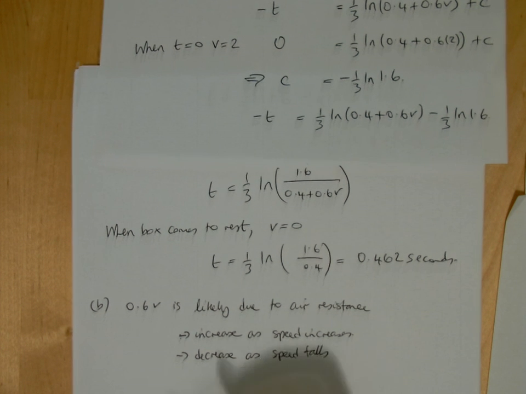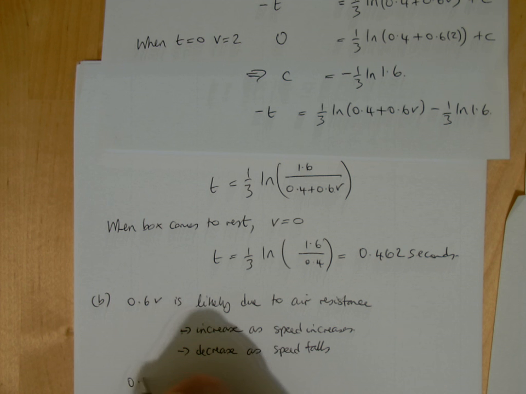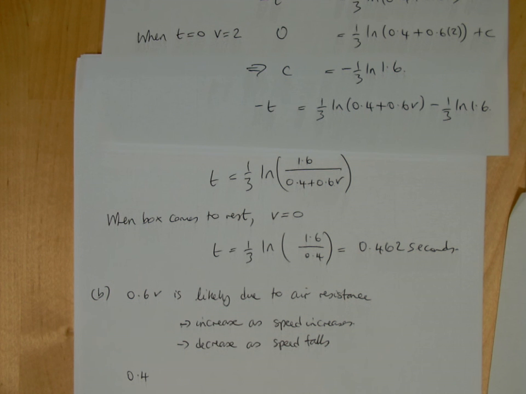Now let's think about the 0.4 part. That's constant. Think about the other resistance you could have, which of course is friction. The friction, if it was a car, would be the contact between the tires and the road surface. That will be constant. That's not affected by speed.